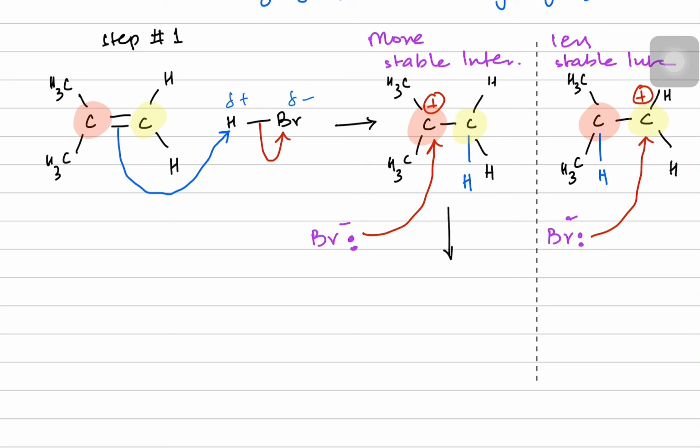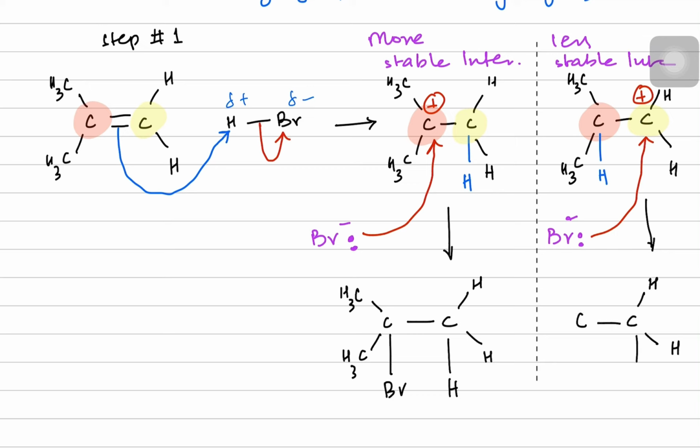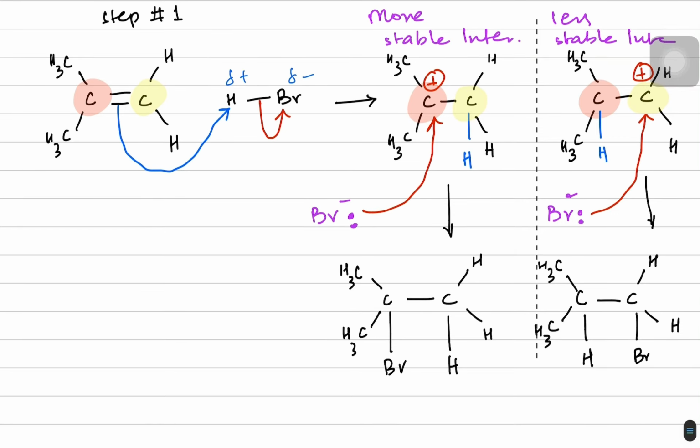Both can give you their own product. The bromo could be attached on the second carbon with the hydrogen on the first, or the bromo could be attached on the first carbon. Here we have a concept of major and minor product. More stable gives you the major product, a less stable carbocation gives you the minor product. I hope this idea is clear to us. Stay tuned, guys. Thanks.